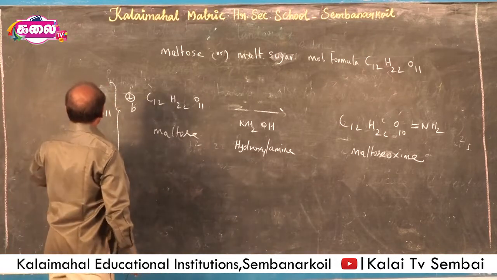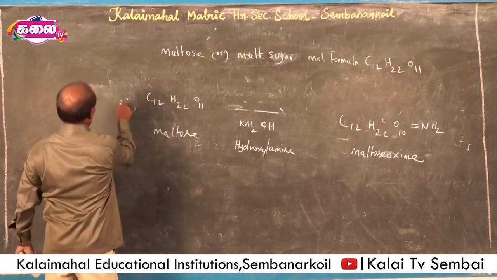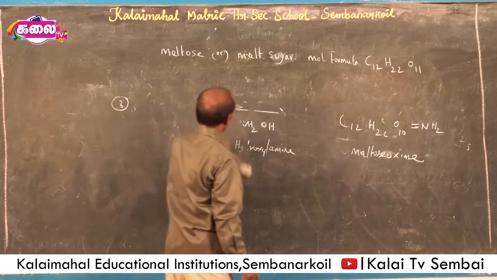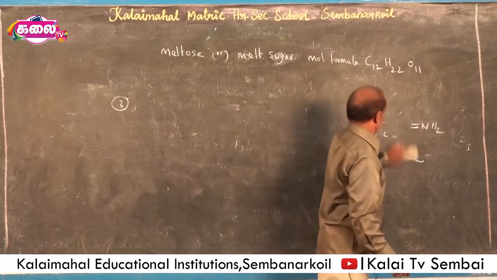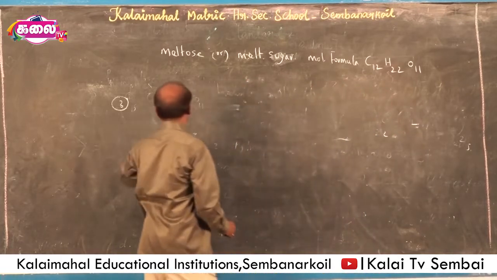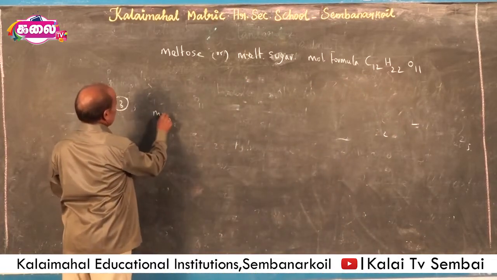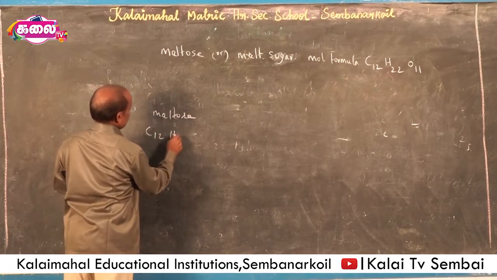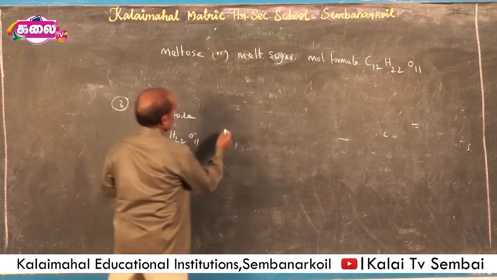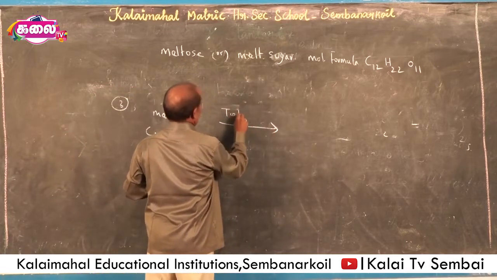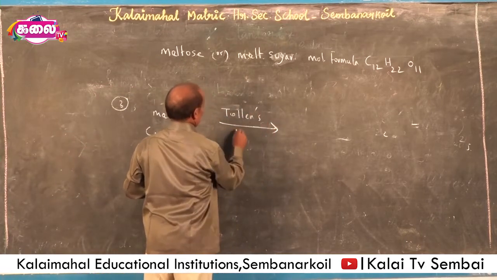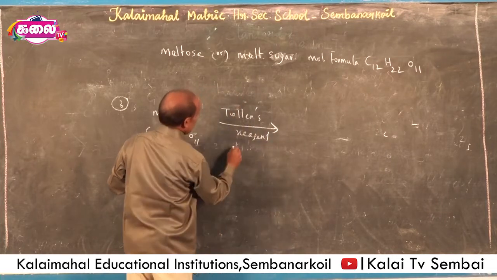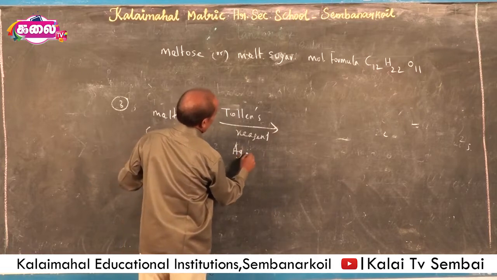Then the third property: maltose is treated with Tollens reagent. Tollens reagent contains silver oxide.